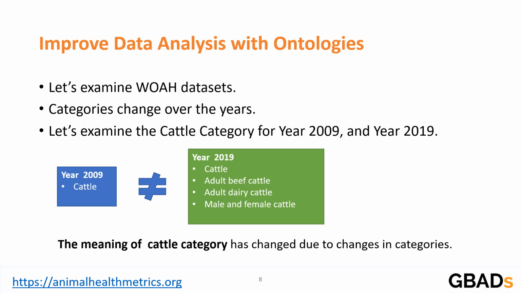However, in 2019, we have four categories associated with cattle. In other words, the meaning of the cattle category is not the same if we compare cattle information from year 2009 with 2019.